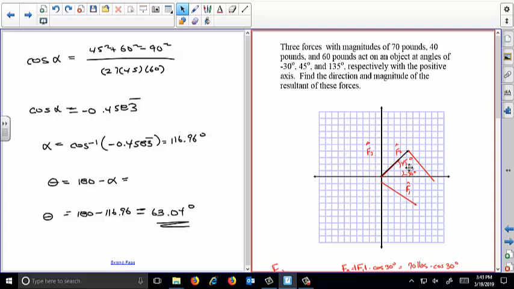So that's the negative 30 one. This is the 135 degree one. And this is the 45 degree one. So F1 is at negative 30 degrees. This would be positive 30, this is negative 30.